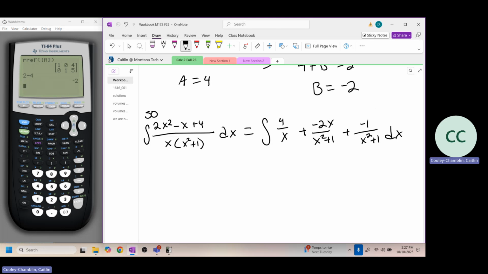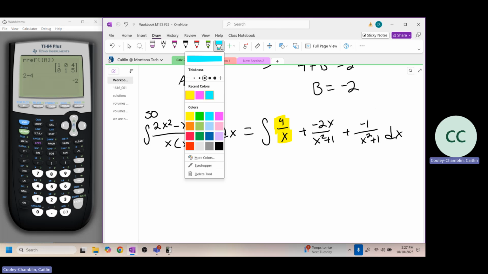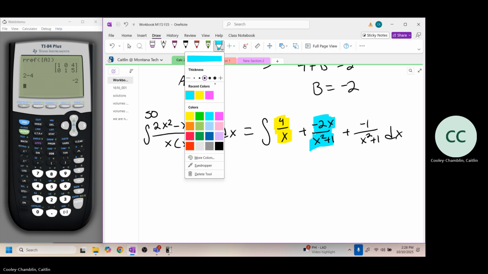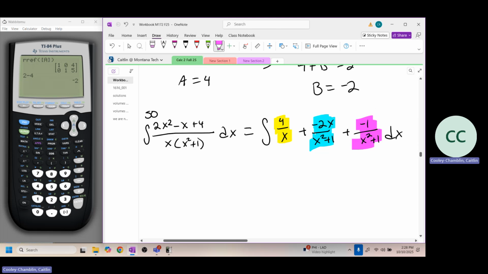Okay, these are a little trickier to integrate. First, this one's a linear term. This is going to be ln. This one is easy peasy. However, this one right here has an x squared in the bottom and a linear term up top. We got to try u substitution. This third guy has an x squared plus 1 in the bottom and a constant on top.